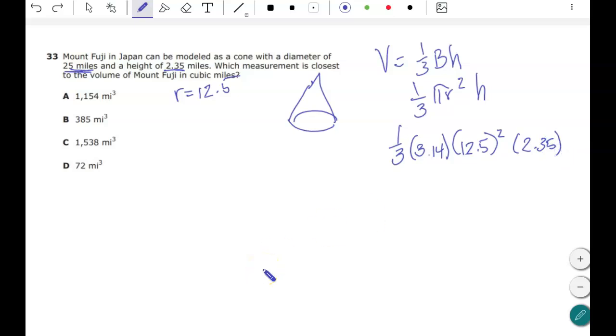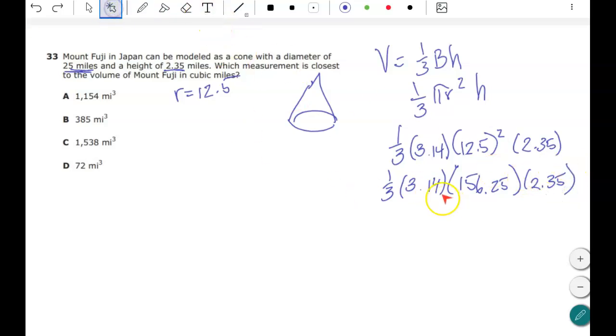Okay, so let's start with the 12.5 squared. Put it in your calculator: 156.25. So write that out: 156.25 and then 2.35. All right, let's go ahead and multiply these three numbers using the calculator.